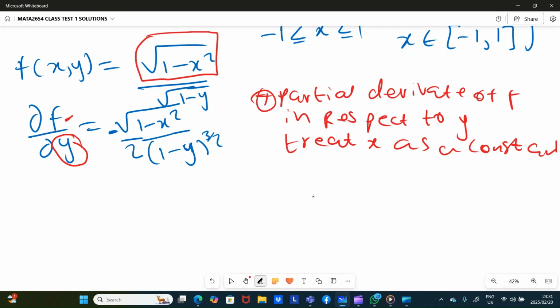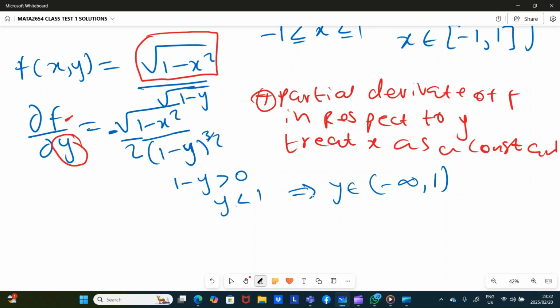Where is it continuous? We see that 1 minus y must be greater than 0, then y must be less than 1, or one can say y is an element of negative infinity to 1.